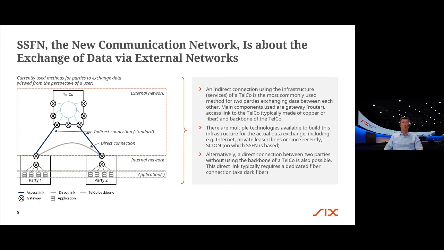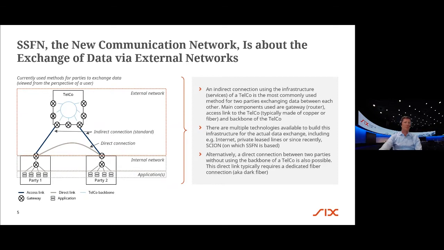One of them is the indirect connection, where you use the services of a telecommunications company, or in some minor cases, there's also the possibility of having a direct connection, which is typically named like a dark fiber or something like that. But I think this is very important, that what we're talking about does not happen on application level. It happens actually on the external network level, and that's the background of also the Secure Swiss Finance Network.